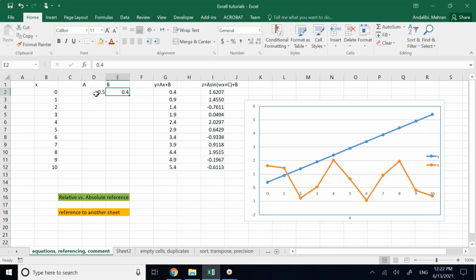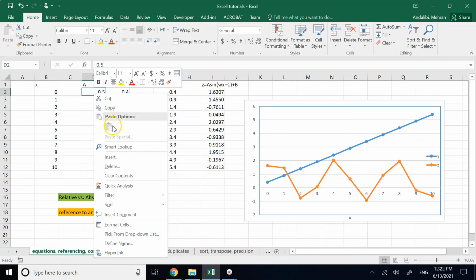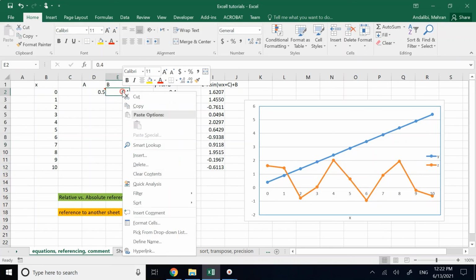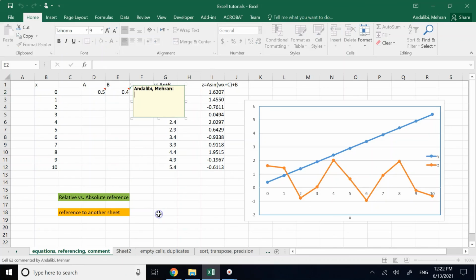So all I need to do is I click on that cell, right click on that, and say what? Insert a comment. So slope needs to be rechecked. I'm not sure about it, right? Or this one, I right click and say what? Y-intercept value is fine.